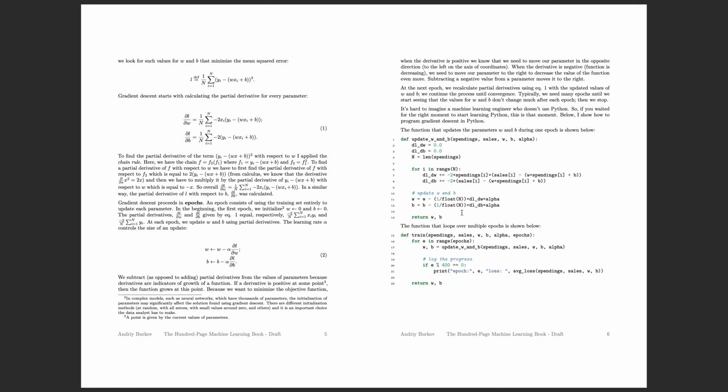If that happens, it will go back to the value where the error was last at its minimum and select that as the optimum values for w and b. And this happens in epochs, simply iterations, right? An iteration or epoch is when you use the entire training set to update each parameter. So you can use one training set multiple times.